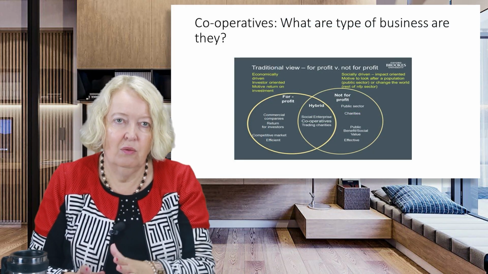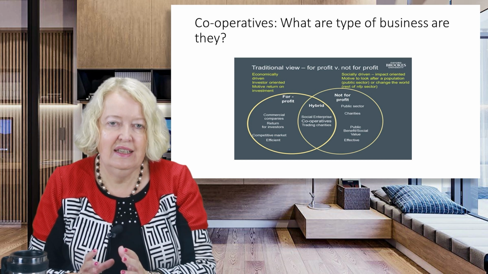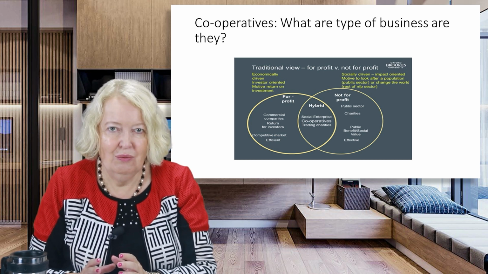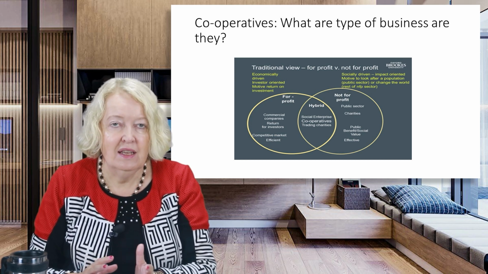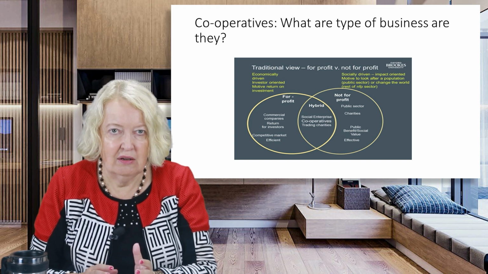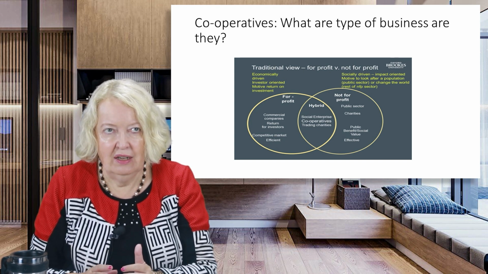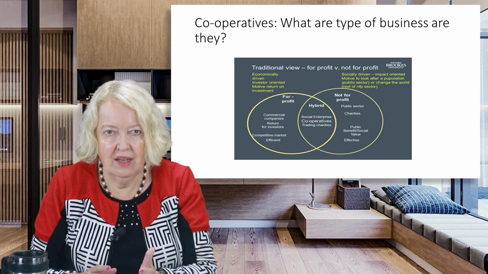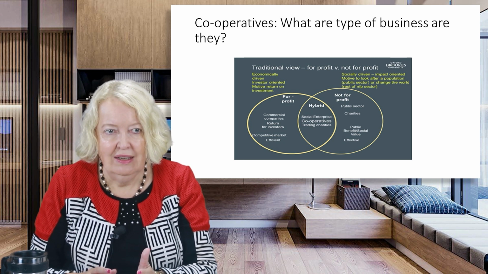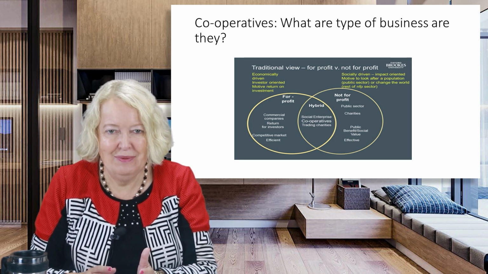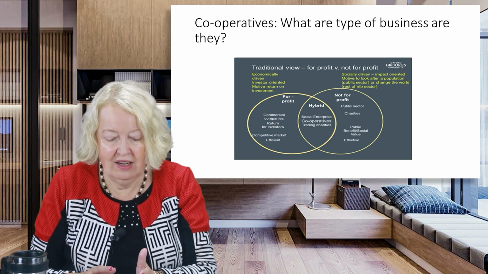So when we look at cooperatives, they don't really neatly fit into one particular category. Some co-ops are not totally profit-oriented, but they definitely have to make enough money to be sustainable. A lot of cooperatives would fall into that category.